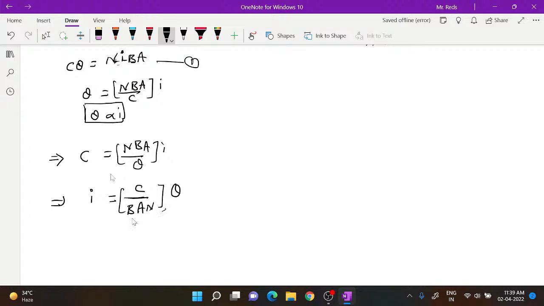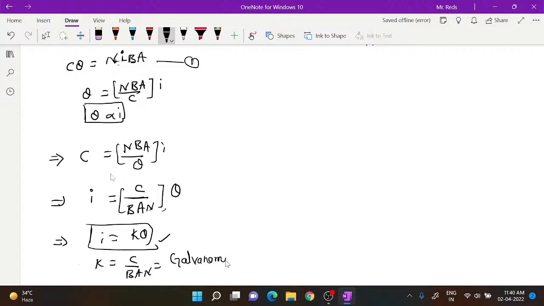So this term can be called the galvanometer constant. You can write I is equal to some constant k into theta, so that follows a linear relationship. Where this k, which is nothing but C by BAN, is called the galvanometer constant, which is also called the figure of merit.